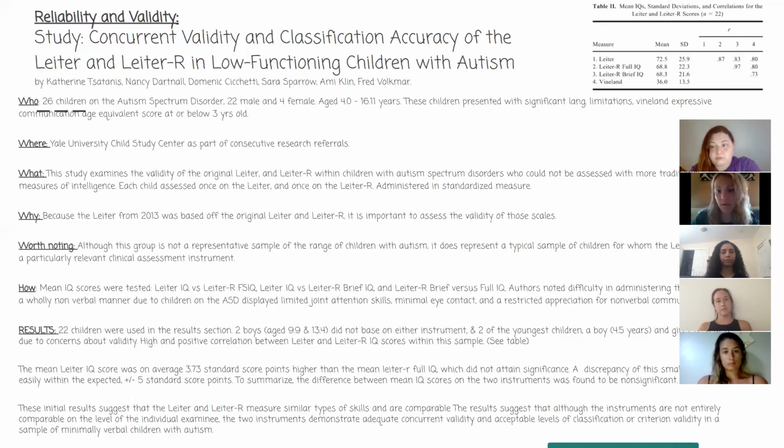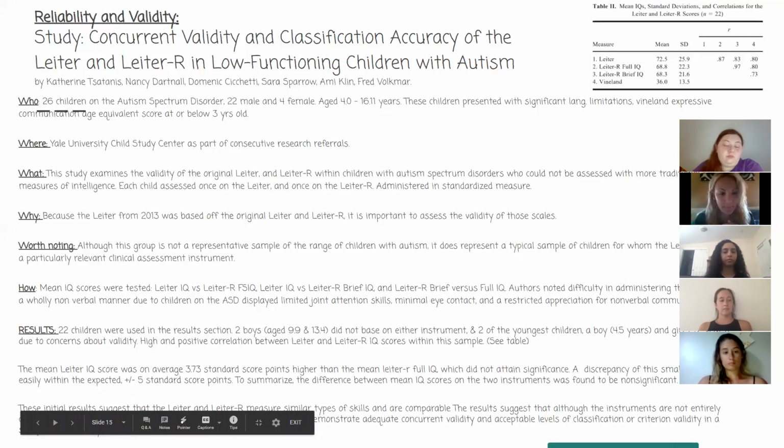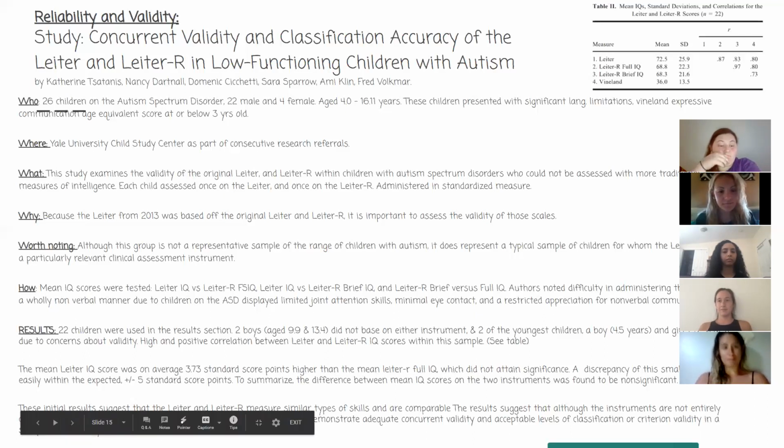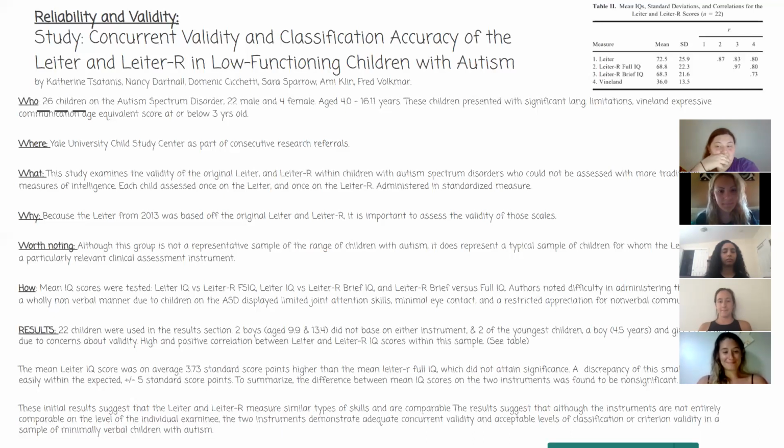It also suggests that although the instruments are not entirely comparable on the level of the individual examinee, meaning every kid is different and they all have different needs and abilities, the two instruments demonstrate adequate concurrent validity and acceptable levels of classification, or criterion validity, in a sample of minimally verbal children with autism.